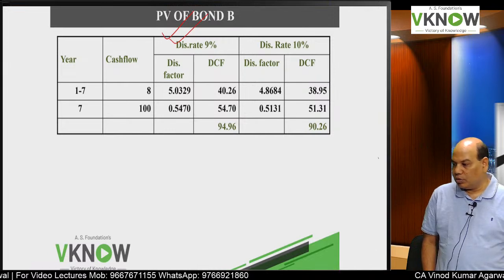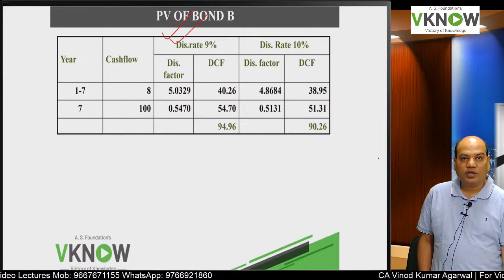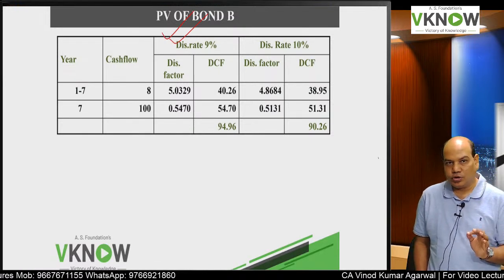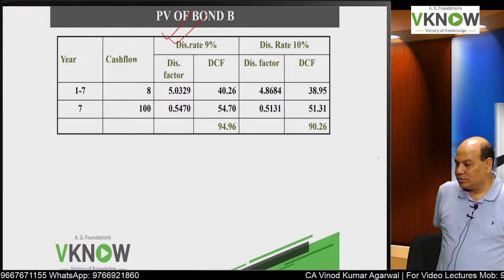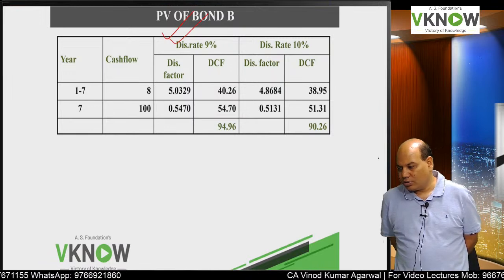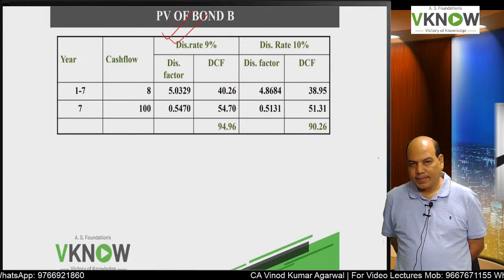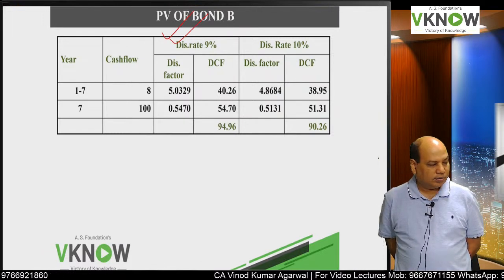So write down PV of bond B. In bond B I have changed one feature. Number of years I have taken 7 years now instead of 10. So student will check my answer and tell me whether it is right or not. Write down year, cash flow, discount rate 9%.